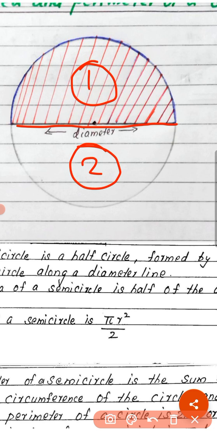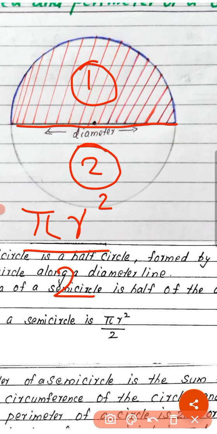Semicircle is half of a circle, so its area is equal to half of the area of a circle. Area of a circle is pi r square. So, area of a semicircle is pi r square divided by 2. If we divide the circle area by 2, we get the semicircle area.